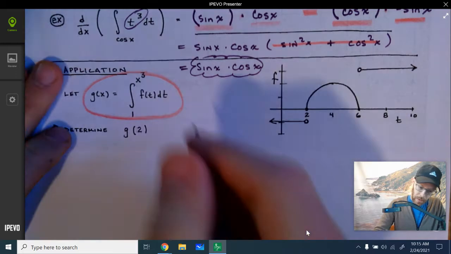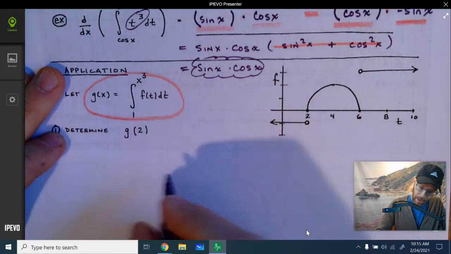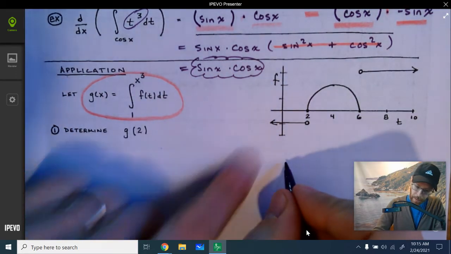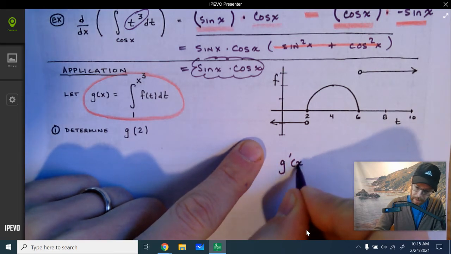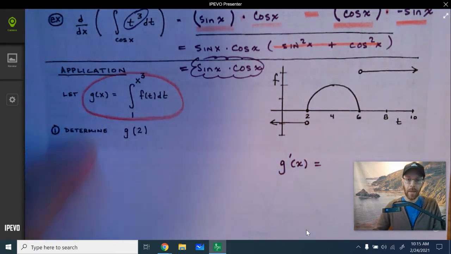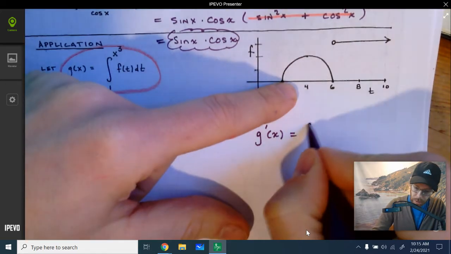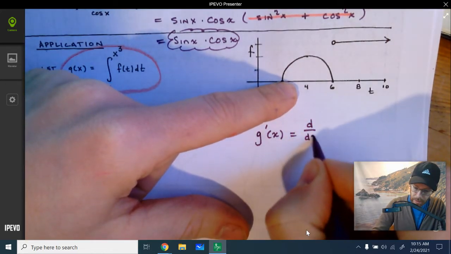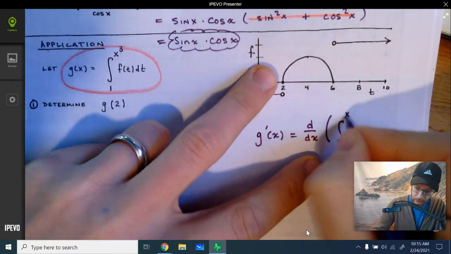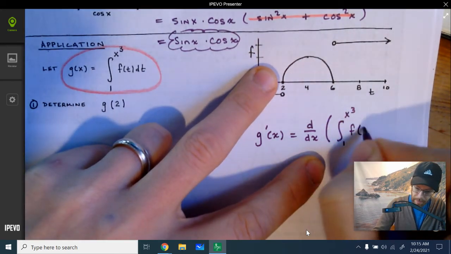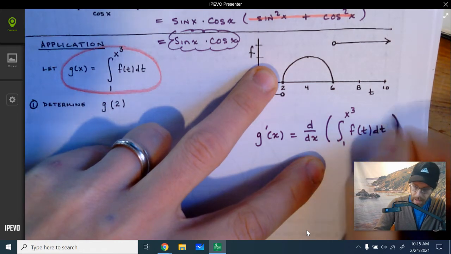And what that means is that if you are asked for the derivative of this function, that would be asking you to do d dx of the integral from 1 to x cubed of f of t dt.